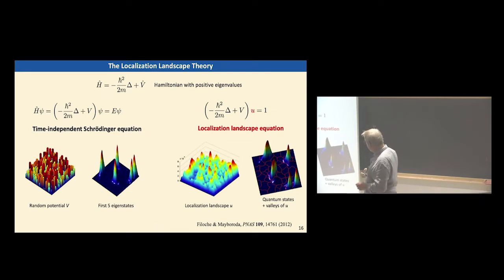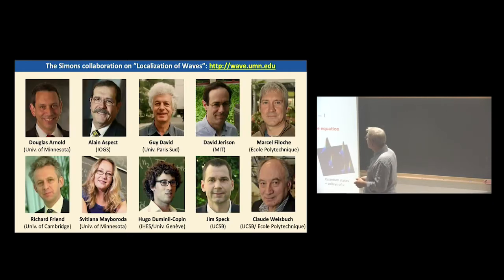And you can see immediately that each of the first 5 eigenstates seems to occupy one of the regions. I will try to convince you that this object, although it's very simple to define and to compute, bears a lot of information about many things, spectral and spatial information about the eigenfunctions.